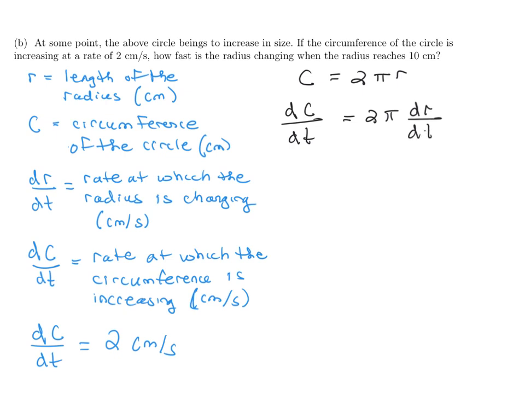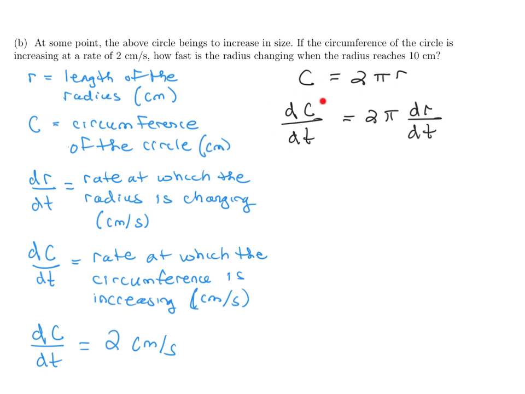There is no need to use a power rule in this case. So the goal is, I'd like to figure out this, and we were given this. We're also told that the radius when it equals 10 is relevant to this question, but actually there's no r to put this number into. So really, this number turns out to be irrelevant in terms of differentiating this equation.